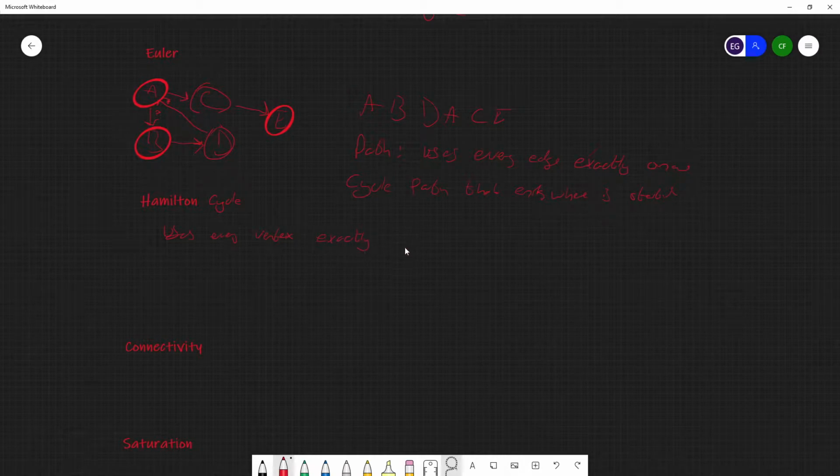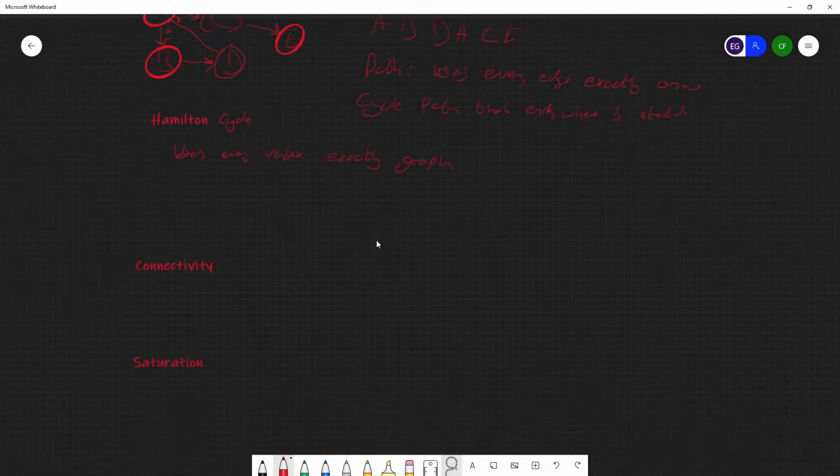I'm not going to draw a graph for this because while it's fairly simple to check if a specific graph has an Euler cycle in it, it is very difficult to figure out if a graph has a Hamilton cycle in it. This is considerably harder, and I think is an open question. We're still trying to find out if there is a guaranteed way to determine if there is one without brute forcing it.